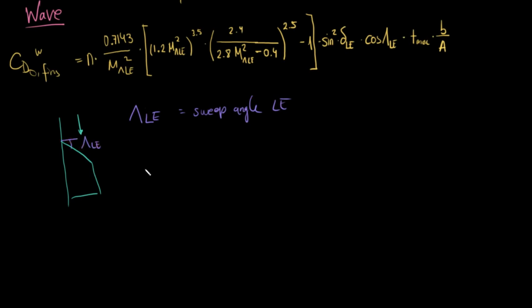And then the Mach, I don't know what name to call this. It's just the Mach number times the cosine of the sweep angle of the leading edge. So when you see this squared, well, it's this squared.